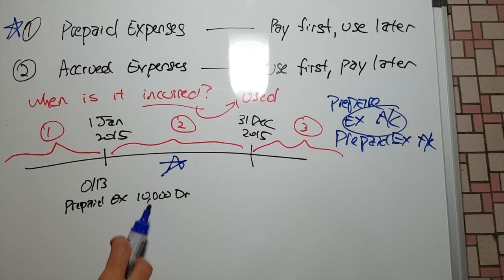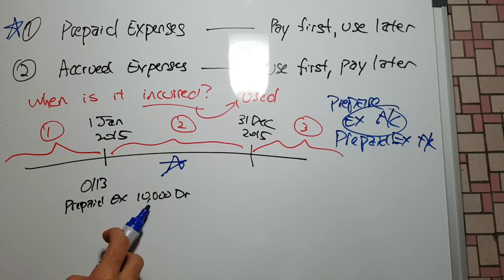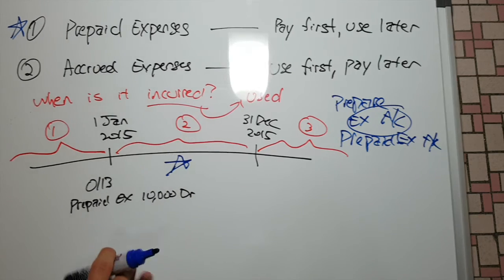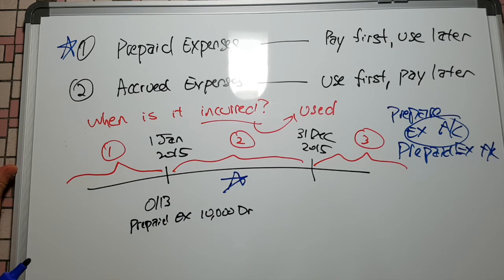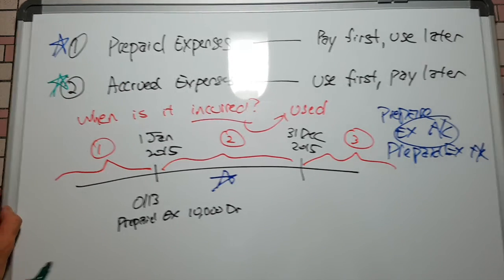Yes, you want it, because it is in period 2. That's why you will add it into your expense ledger account. Let's look at accrued expenses now. I'll draw a green color star here.